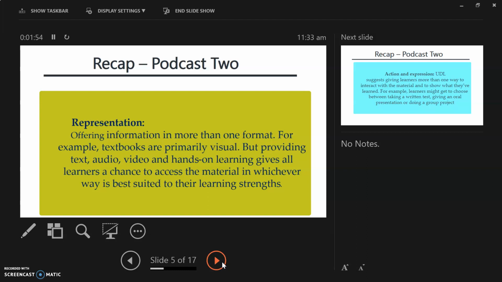So instead of using textbooks, why not introduce your students to audio and video and hands-on learning? These give all learners a chance to access the material in whichever way is best suited to their learning strengths.